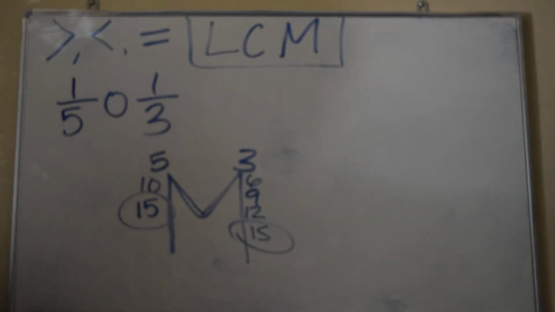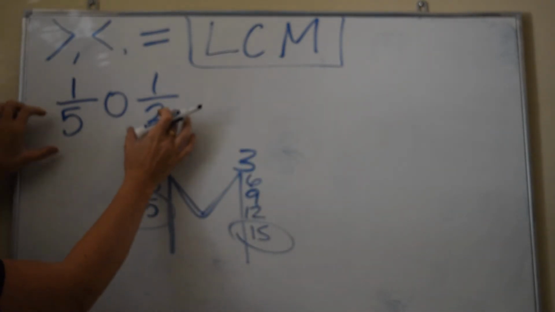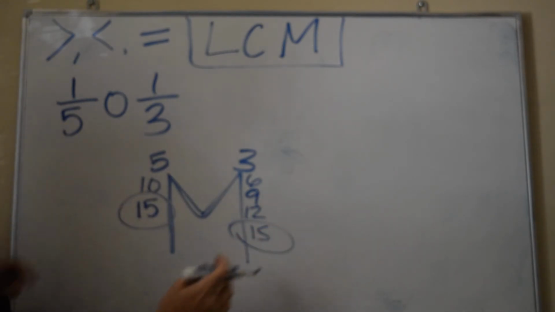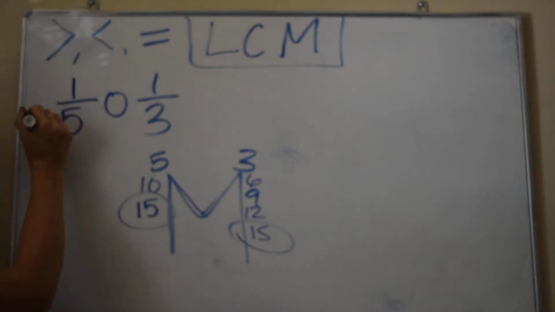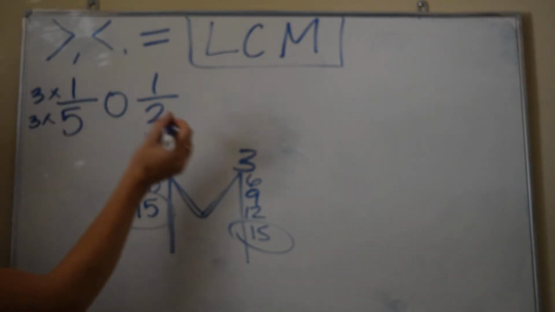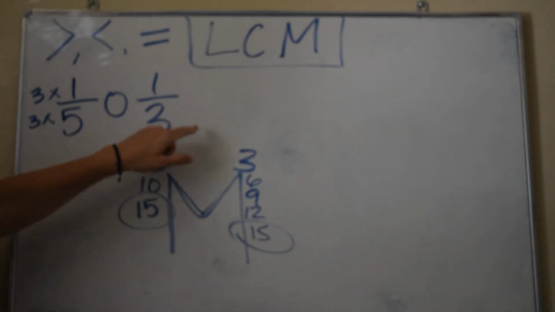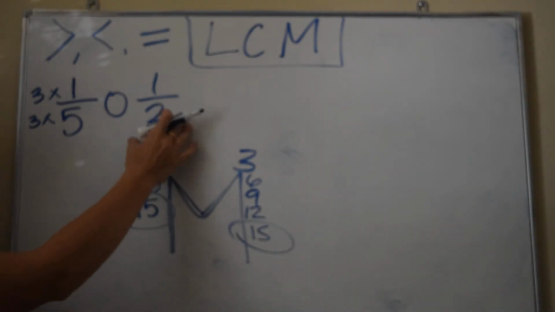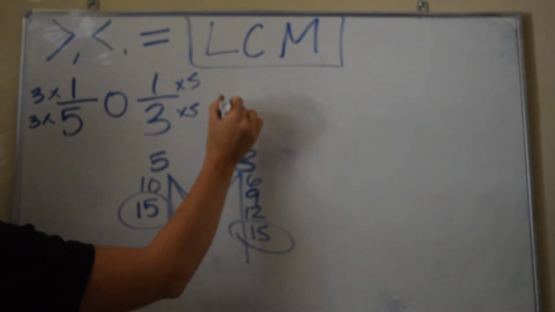15. Okay, so what does that mean? That means I want my denominators to be a 15. So how do I change a 5 into a 15? I multiply it by 3, and whatever I do to the bottom, I have to do to the top of the fraction. And then how do I change a 3 into a 15? I multiplied it times 5. So I got to multiply the top and bottom.